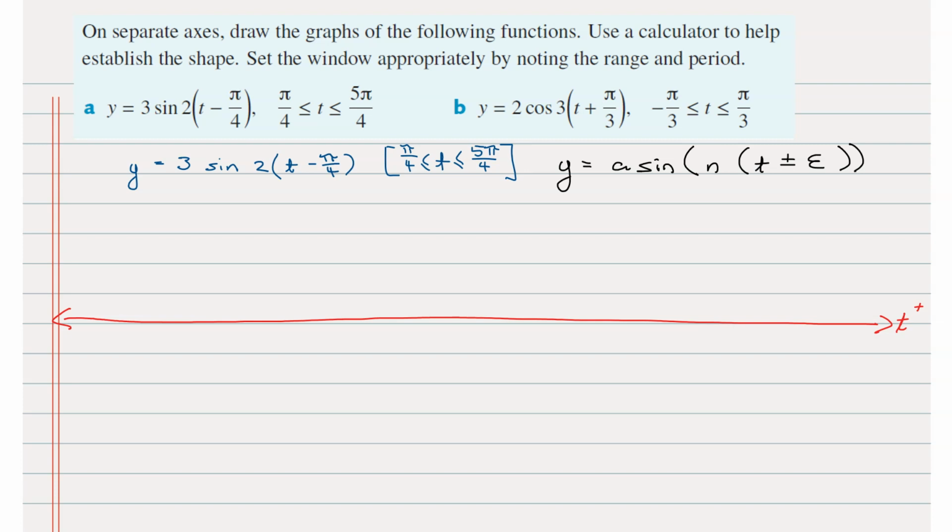Jumping in, the first thing we need to do is, as I said, figure out the period. To do the period, we're going to ignore the epsilon altogether for now. So we're simply going to say y equals 3 sine 2t. Notice that I booted the epsilon out of this equation just for now.